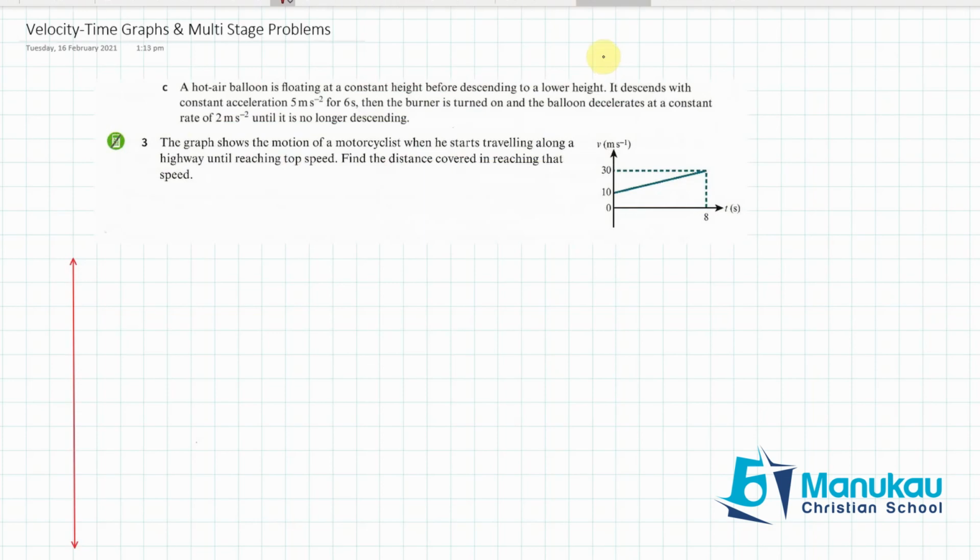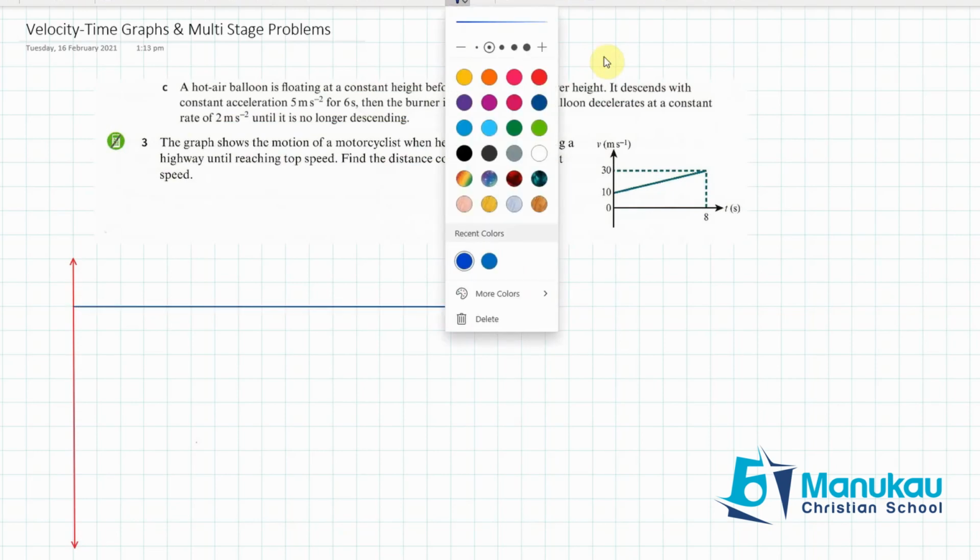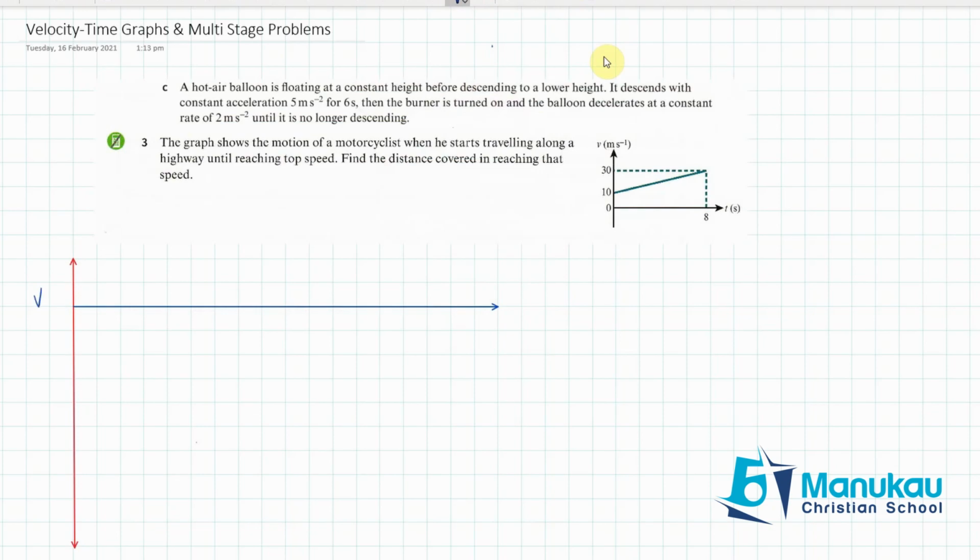So I'm just going to set up a graph here. I'm going to call this axis my v, and this is obviously going to be my time, so time velocity.